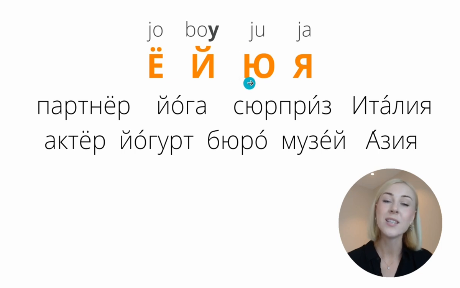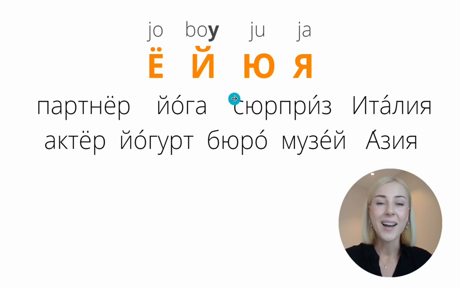You, you. Actually, this sound is quite easy to pronounce. It's like English personal pronoun you. Okay, you. And this one is ya, ya. One more time. Yo, y, you, ya. Well done.